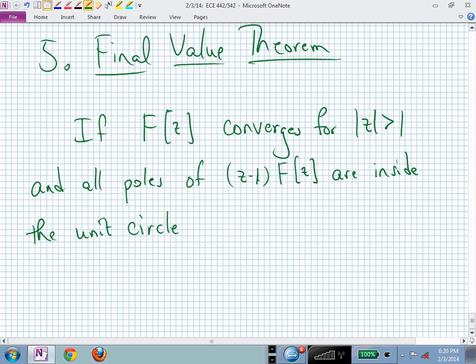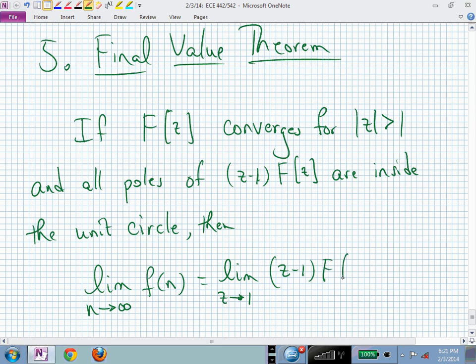So now if capital F of z converges and all the poles of z minus 1 F of z are inside the unit circle, then we can say the limit as time marches off to infinity, or limit as n goes to infinity of little f of n, is now going to be the limit as z goes to 1 of z minus 1 F of z, meaning you're hoping that there's some canceling going on.